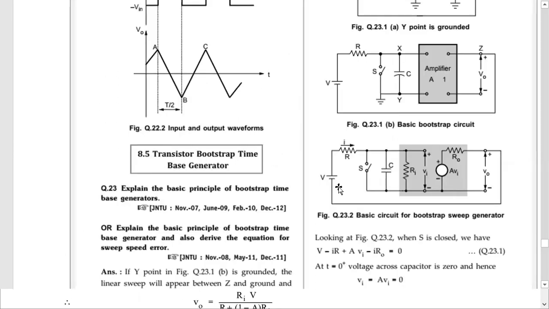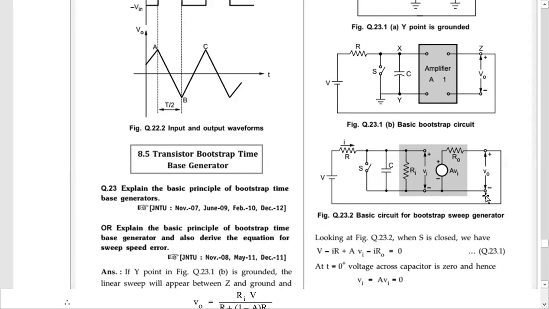So what will be I? See, one end of this resistor R, V is connected. Then I said current will flow like this. The other end of this Ri is connected to the negative of V naught.